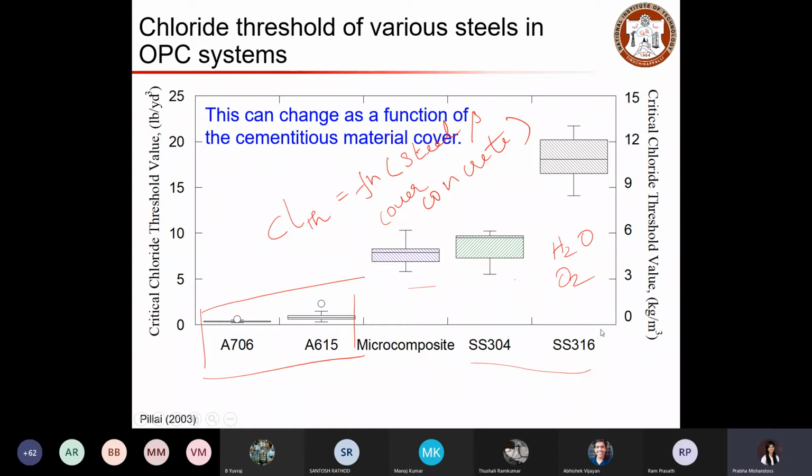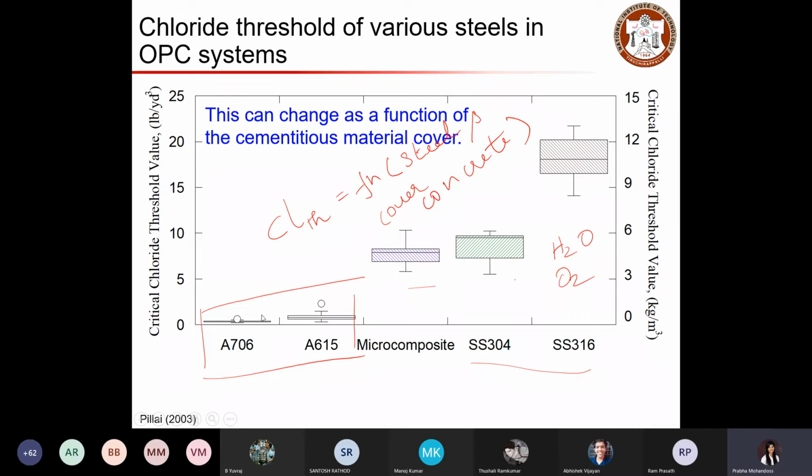The A706 and A615 basically indicate the type of rebar, different types of rebar based on strength. When we have such different types, based on composition, your critical chloride threshold value can change.